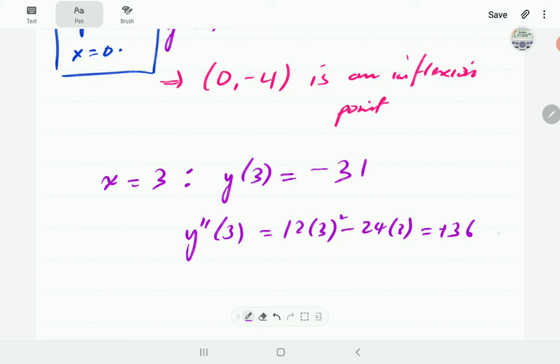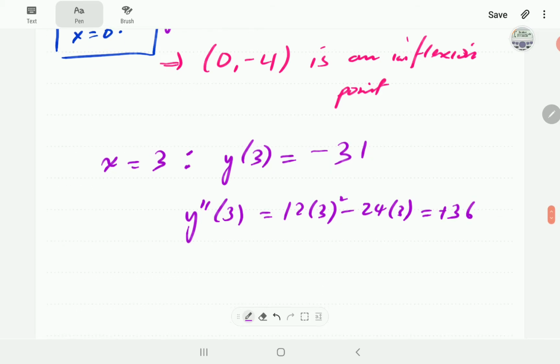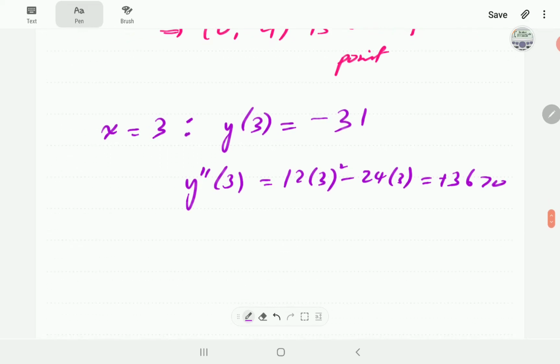This gives us 36. So this is positive, and it's telling us that at x equals 3, the function is concave up. So this implies that (3, -31) is a local minimum.